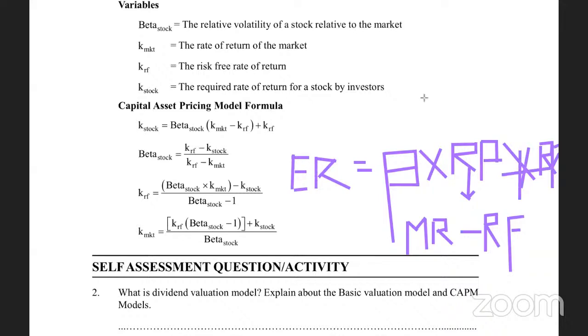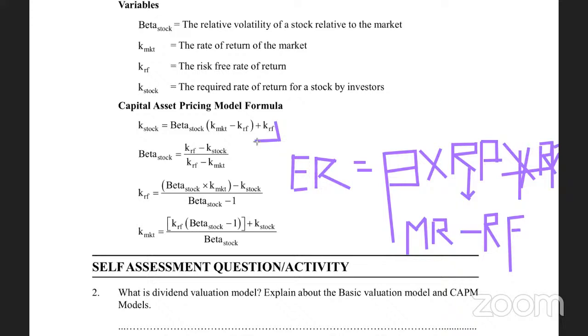The post office savings scheme gives me 5% anyway, with no risk. That's called the risk-free rate. If you want me to invest in the stock market, how much will I get? You're saying I will get 10%.